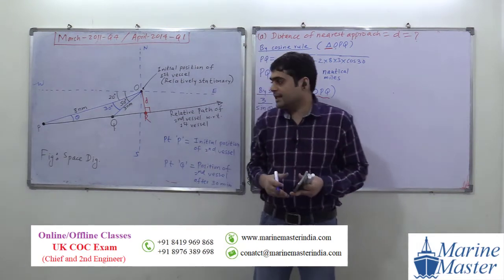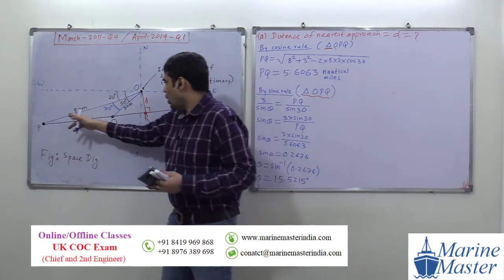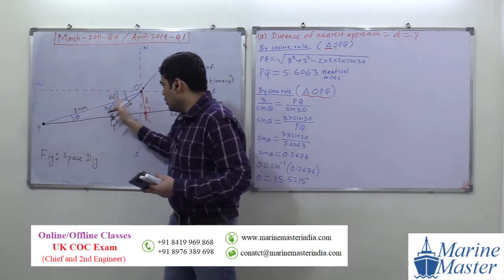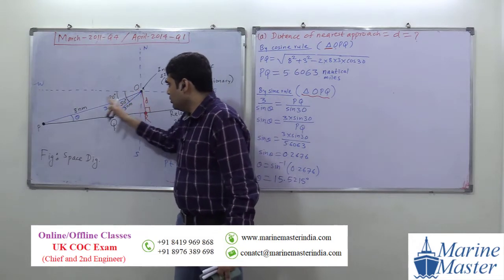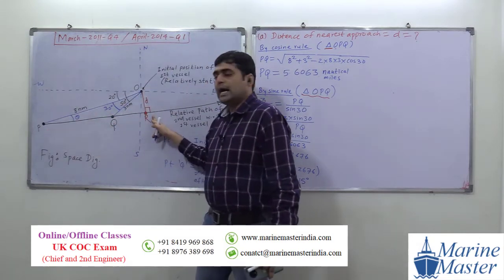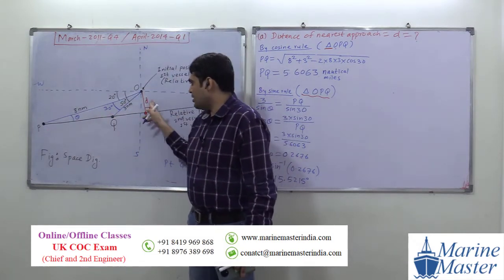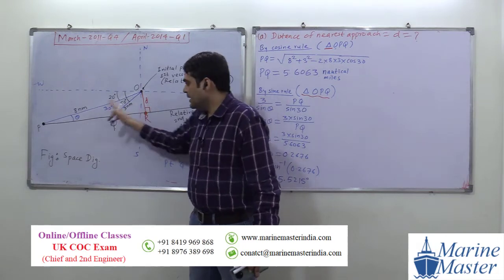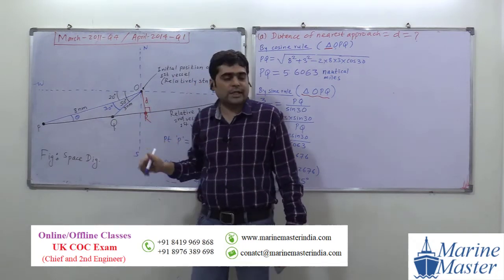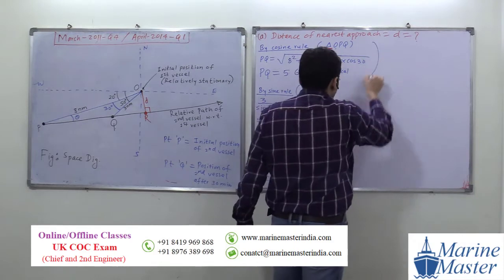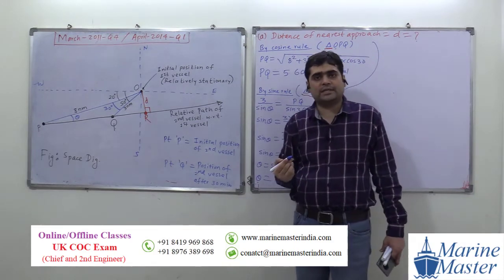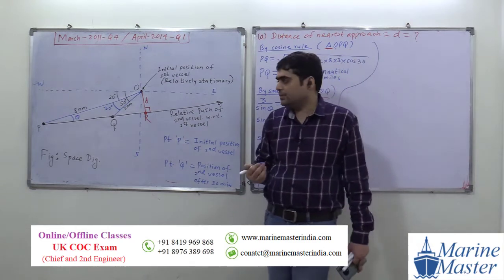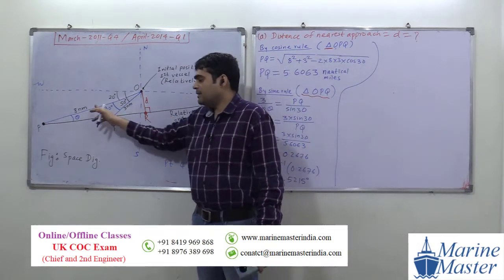And from theta, observe this triangle OPR. Here D is opposite and 8 is the hypotenuse. What is the relation between opposite and hypotenuse? Sine.